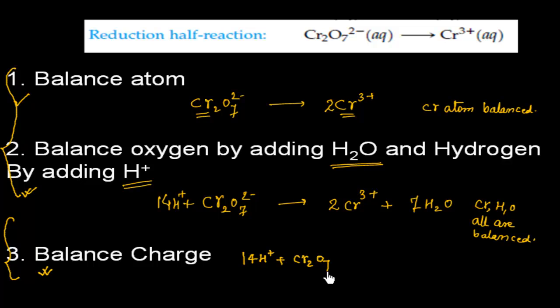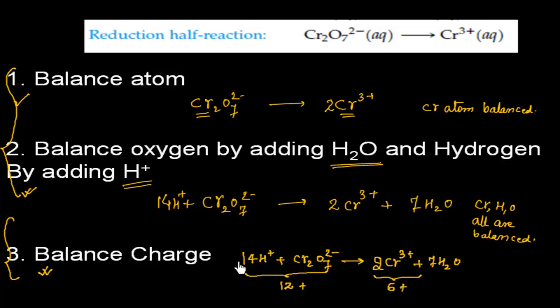So we have 14H plus, Cr2O7 2 minus, and this gives you 2Cr3 plus, 7H2O. Now let us see the charges. This side we have 14H plus and 2 minus, that is 12 plus charge. And this side we have only 6 plus charge.